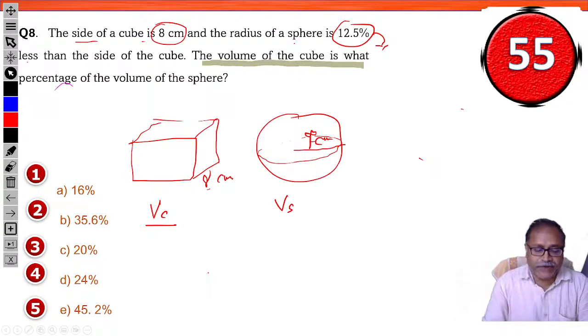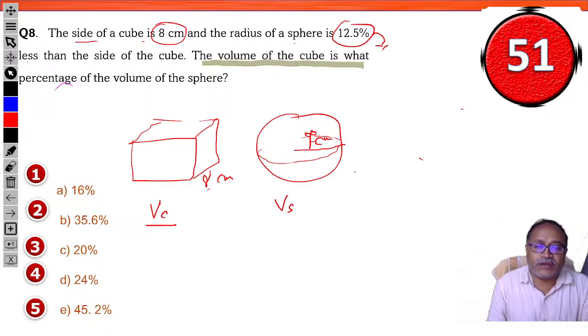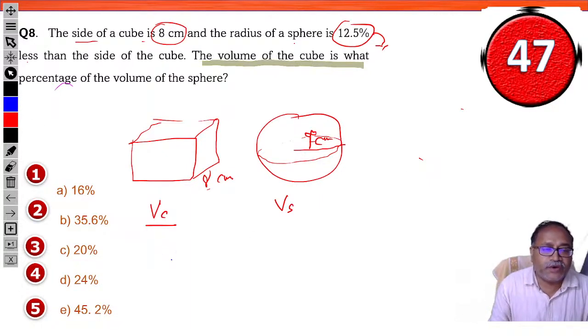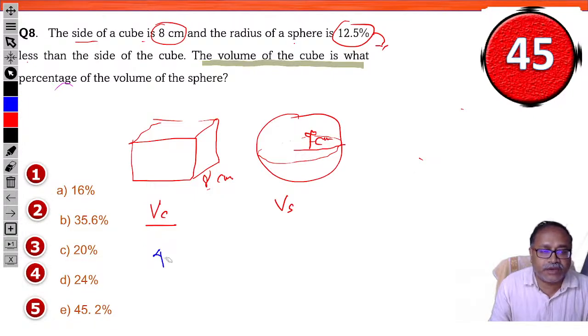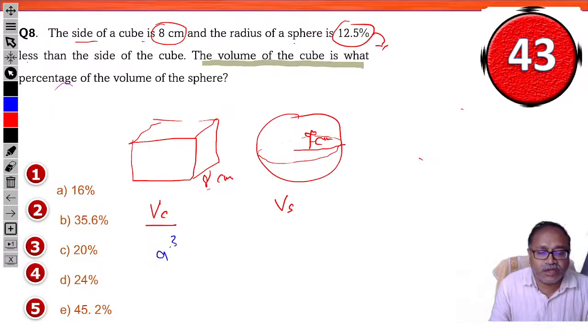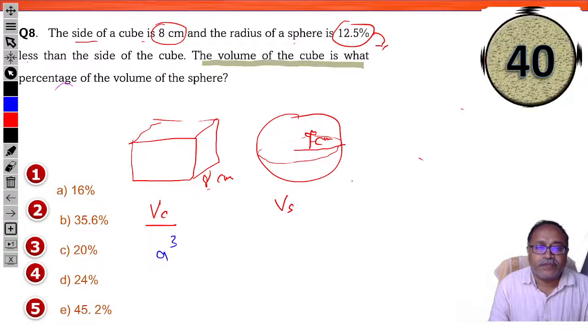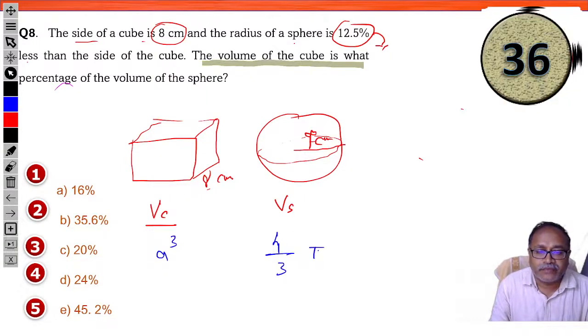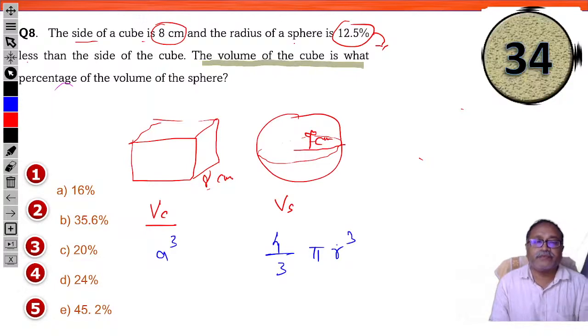Come on friends, come on. Now you must be knowing, if someone doesn't know, the formula. The volume of the cube is side cubed. Here the volume of the sphere is 4 by 3 pi r cube.